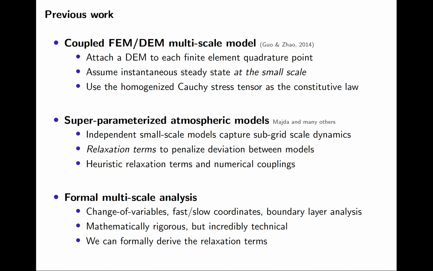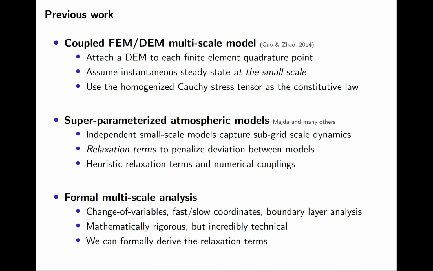The second approach are these super-parameterized atmospheric models, which are basically a multi-scale approach where you run these large-scale atmospheric models, which have a lot of subgrid dynamics, like very small-scale turbulence and cloud formation and stuff like this, that the large-scale model can't run. So you run a small-scale model within each grid box to capture these subgrid scale dynamics, but you include these additional relaxation terms, which aren't physical.